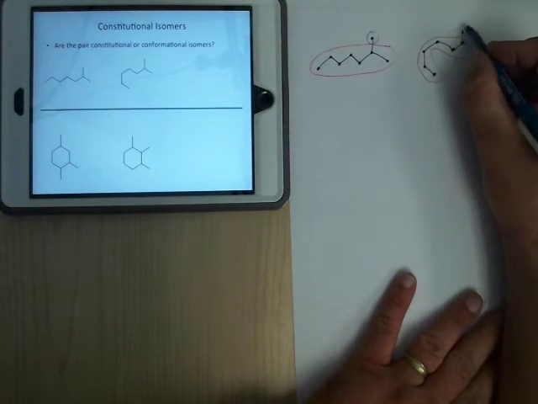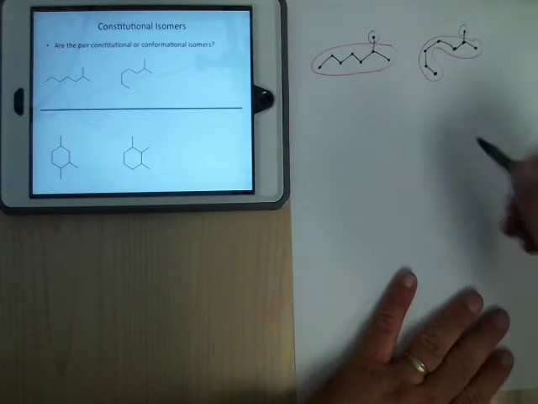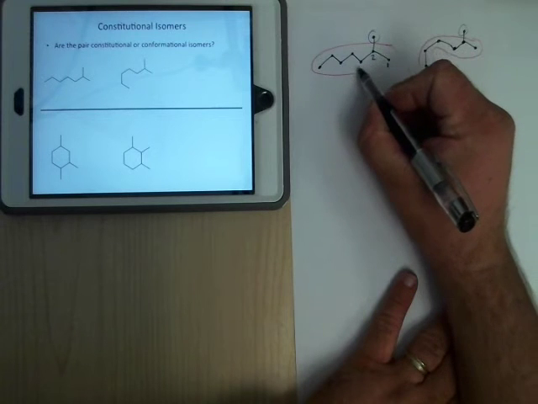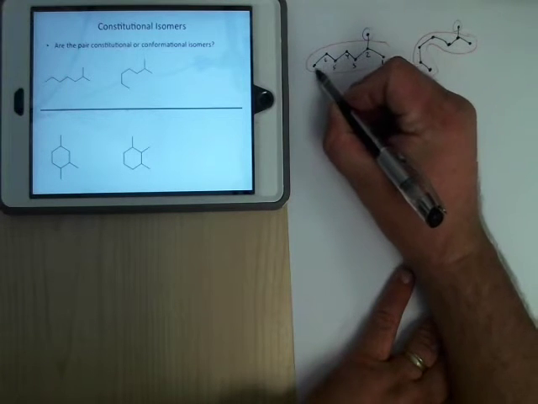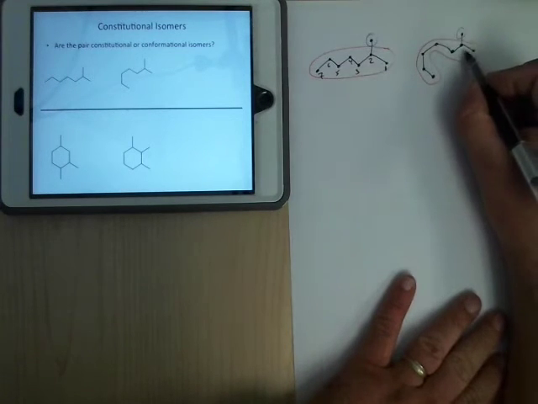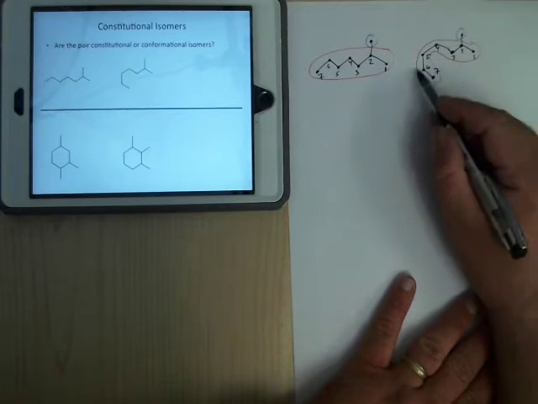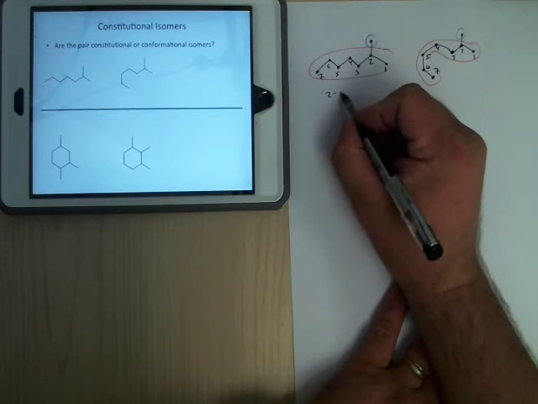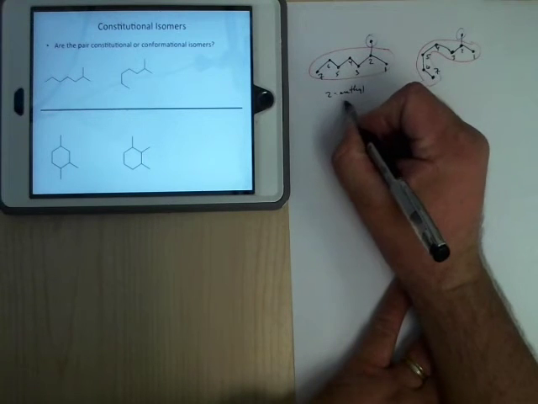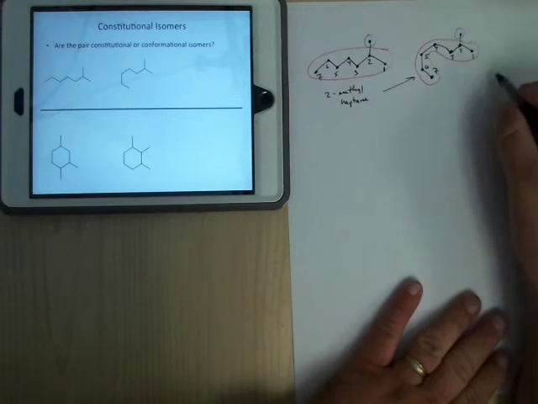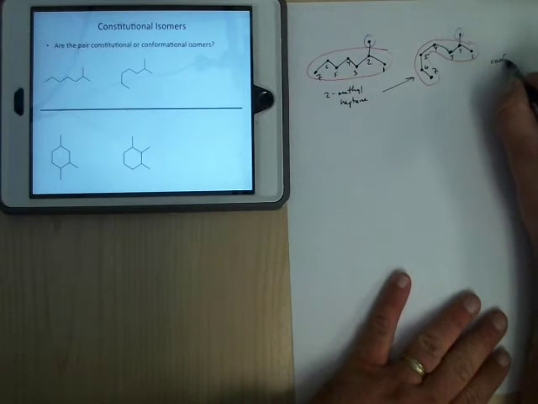If we do the numbering, this methyl group's on this side, so it's probably going to start in here: 1, 2, 3, 4, 5, 6, 7. Same thing here: 1, 2, 3, 4, 5, 6, 7. So it's going to be 2-methyl. This one's going to be 2-methylheptane, and that one's this one too, so they are in fact just conformational isomers, conformers.